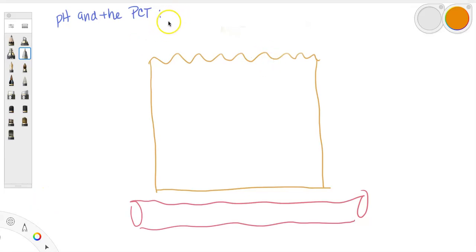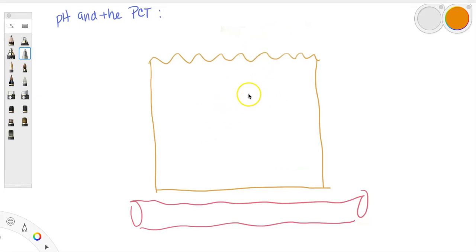All right, so let's look at the pH and the proximal convoluted tubule, because we know that at the corpuscle, we've gone through filtration and all the stuff was pulled out of the blood and ended up in the filtrate in Bowman's capsule. So it enters into the proximal convoluted tubule.